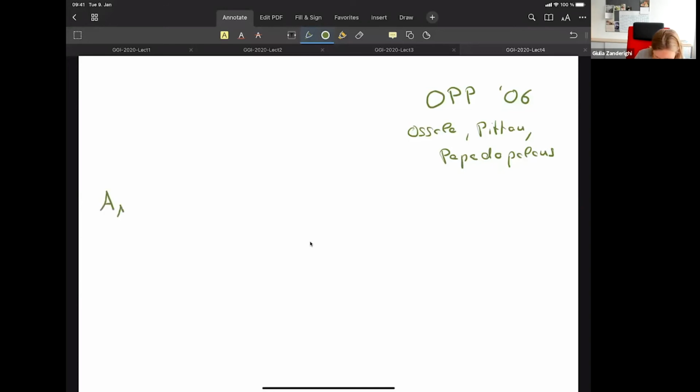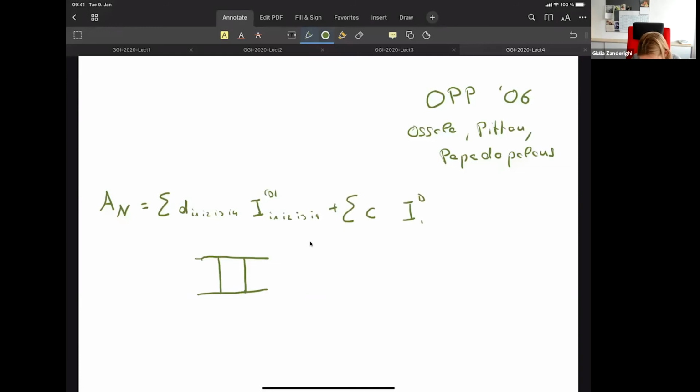Your amplitude for n particles can always be written as a sum with some coefficients d times the box integrals I_{i1 i2 i3 i4}, plus some coefficients c, again with all the indices, times the triangles.